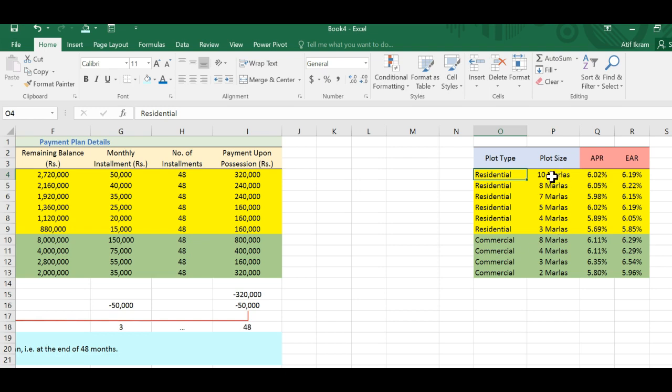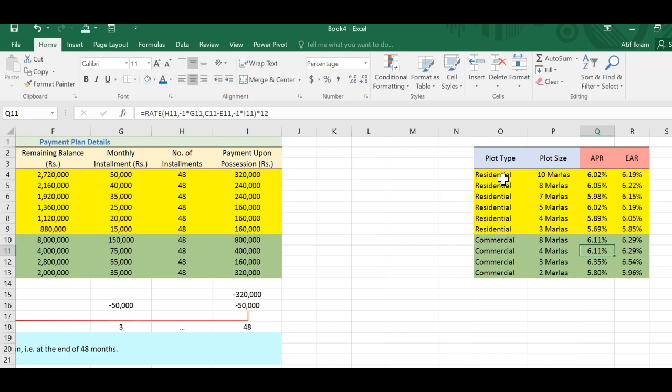So for example, if you take a look at the residential 8 marlas plot, the APR that you're paying on that is about 6.05%, whereas it's a little bit higher on a commercial property, 6.11%. If you take a look at 4 marlas commercial versus 4 marlas residential, the difference is even higher. You're paying a relatively low rate of 5.89% on residential compared to 6.11%.